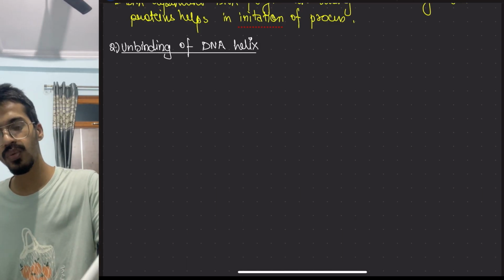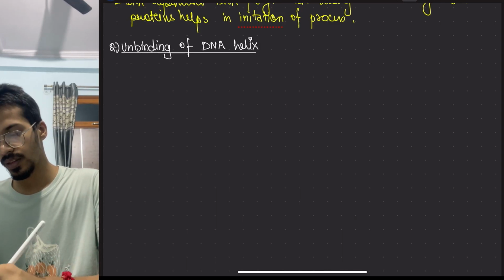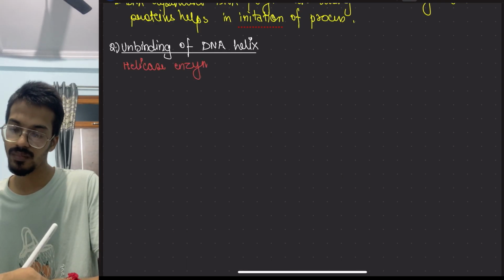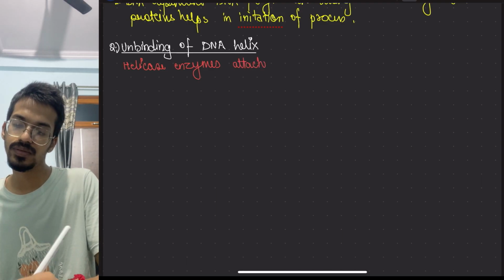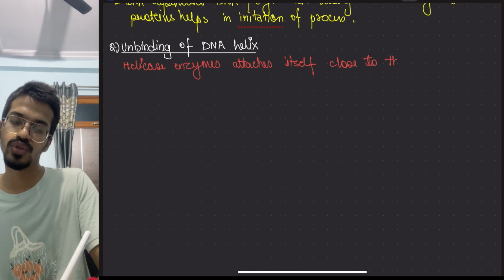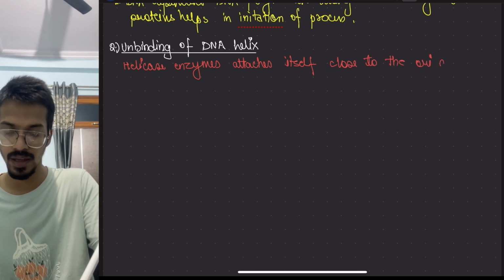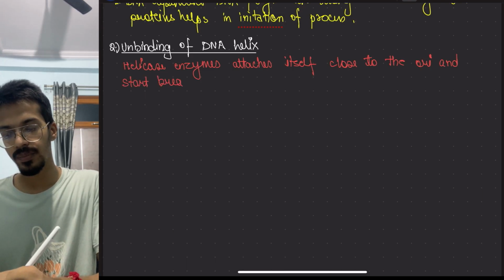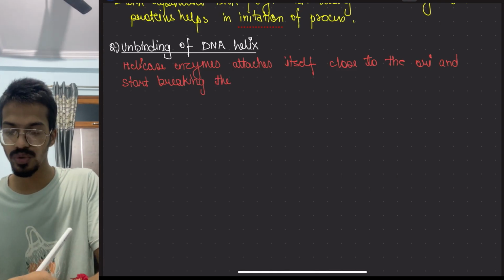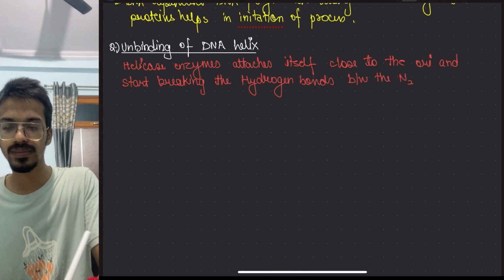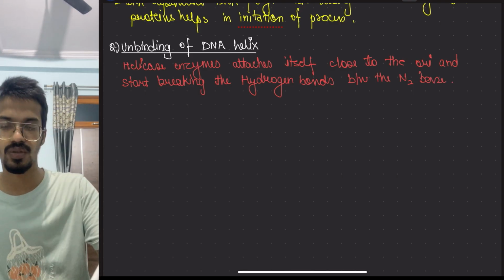So we know who will work over here? Helicase enzyme attaches itself close to the ORI and starts breaking the hydrogen bonds between the nitrogenous bases of the complementary strands.